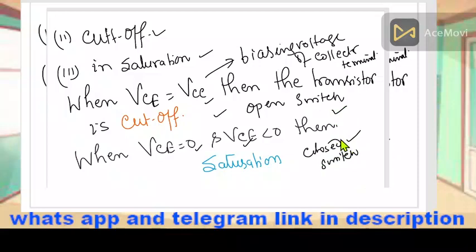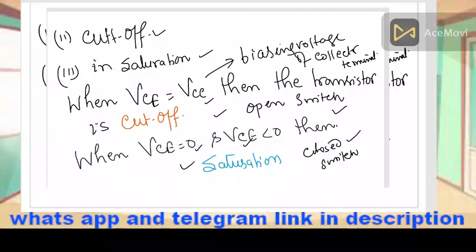In many cases it appears that saturation region is good, but it is not good for amplification purpose, because here you have achieved the maximum current. Now changing the input will not cause any change in the output, so there is no amplification.